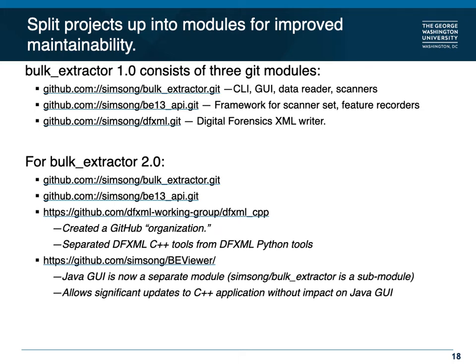This sort of system engineering is missing from a lot of open source forensic tools. A lot of them are done as one-off student projects or one-off tests for a particular client. With bulk extractor 1.0 and 2.0, we've really made an effort to use a high quality of software engineering.